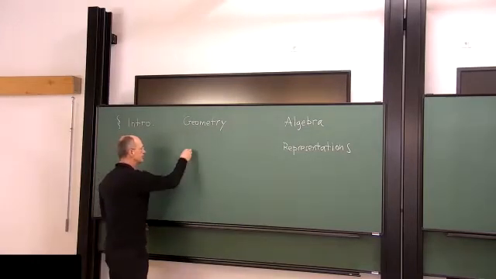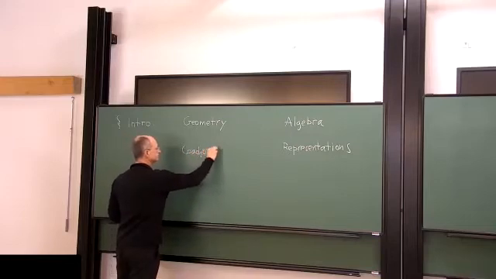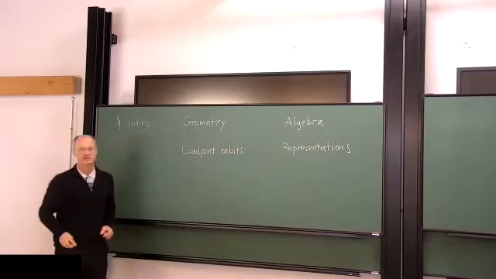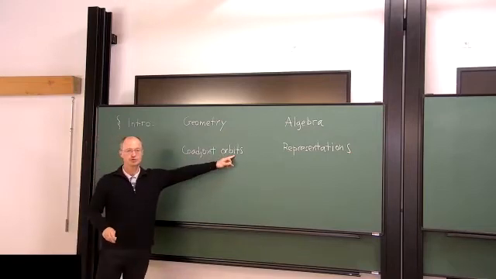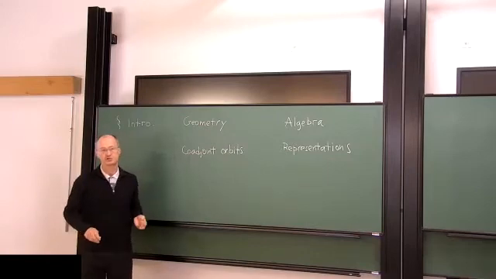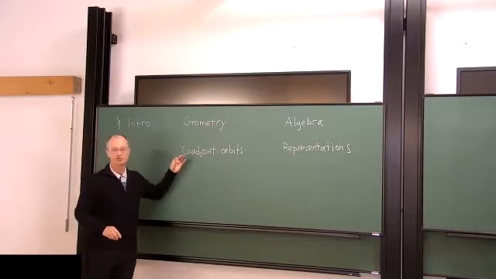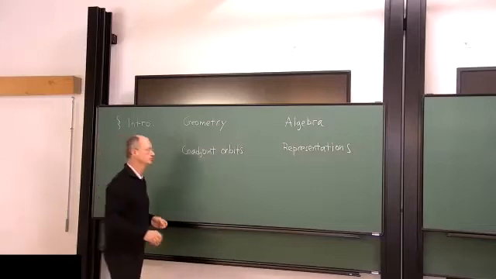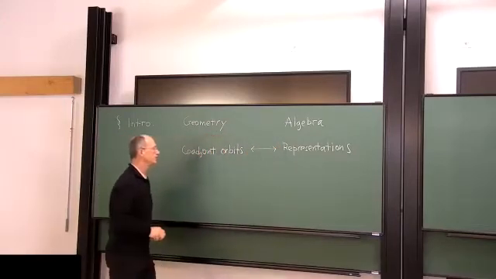And on the geometric side, we'll be looking at coadjoint orbits. One should probably say that interaction between representation theory and geometry, by now it's a huge field. So coadjoint orbits, that's probably the first or the oldest tool which exists in this direction. By now there are many, many more tools, but we'll focus on that tool. So there is a link between geometric objects and algebraic objects.